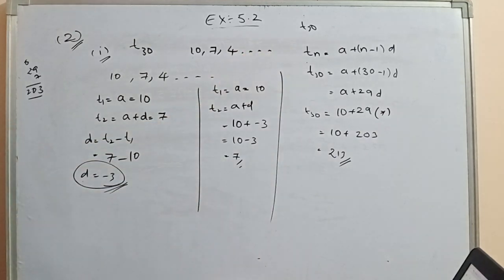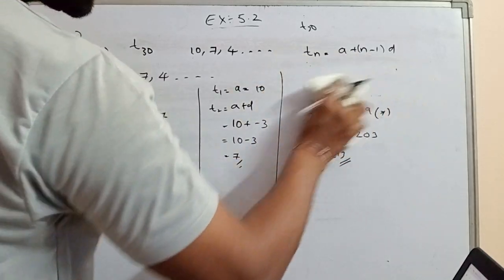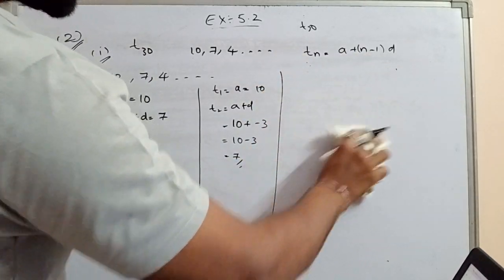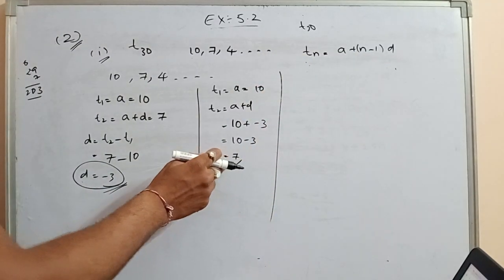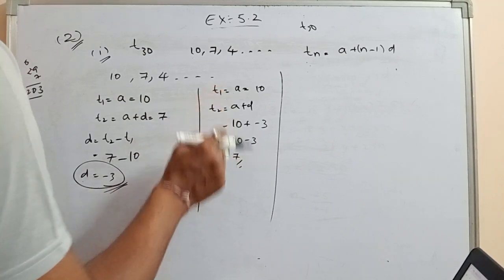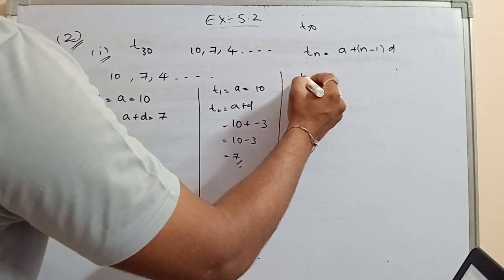Sorry, there's an error in the substitution of D. I took the value of D as 7, but that is not the common difference, it's the second term. So here D is minus 3.